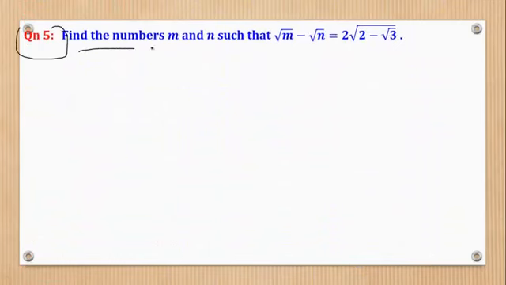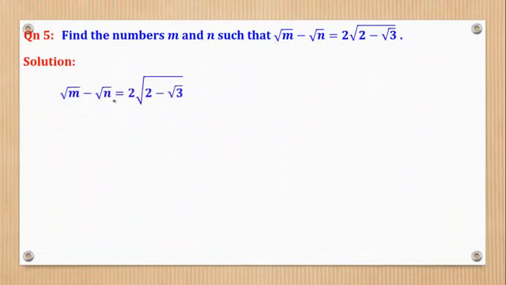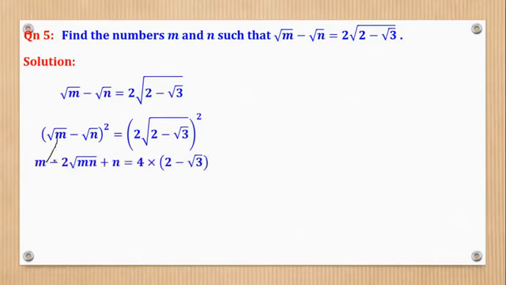Question 5. Find the numbers m and n such that this is equal to this. So here, this is what is given. We are going to first square both sides. So when I square this, I'll come up with this squared plus twice the product of the inner terms, which is this.